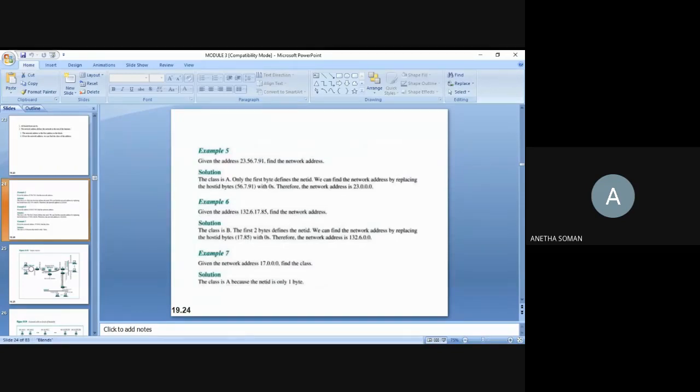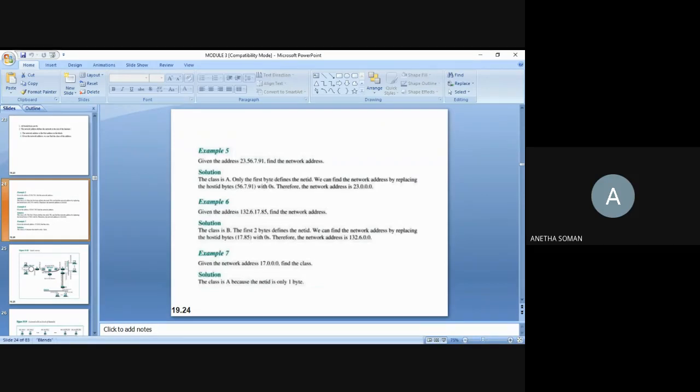I have told you the IP address is 32 bits long and it is divided into net ID and host ID. So the whole 32 bits has a network ID as well as a host ID. And the network address is obtained by making the host ID 0. The first address in each block is called the network address.